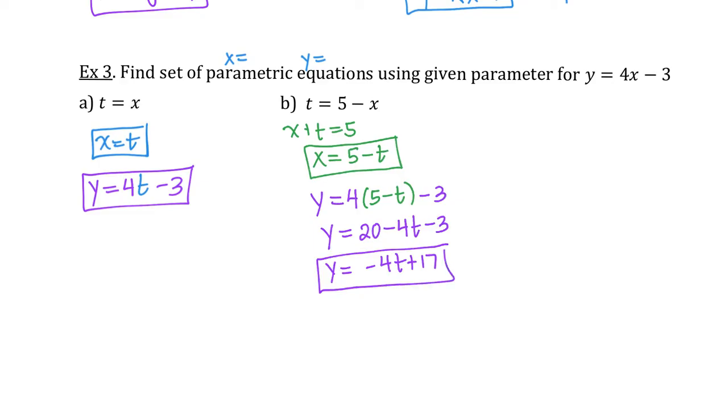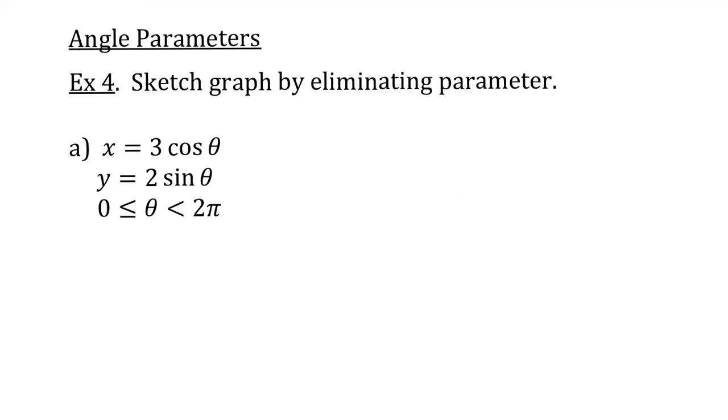Okay, and now my parametric equation for y is y equals negative 4t plus 17. Now t is a common parameter to use in parametric equations, but another common parameter is to introduce an angle parameter. So we're going to sketch the graph of these parametric equations by eliminating the parameter.